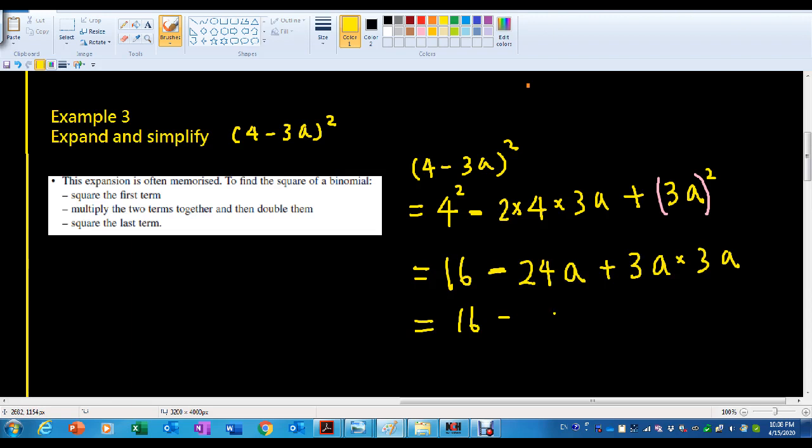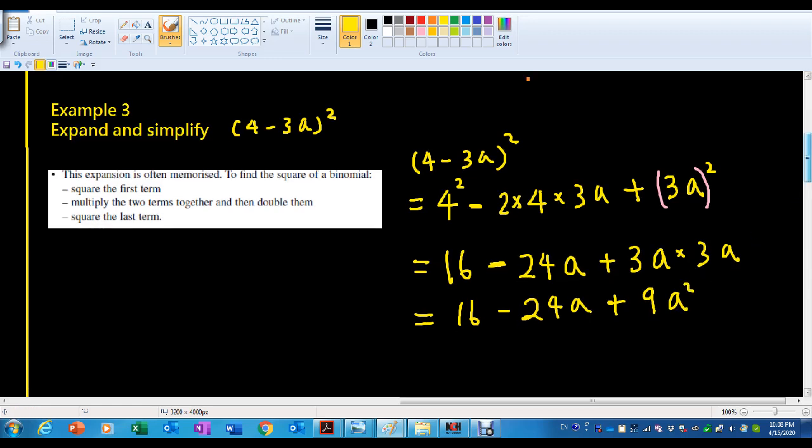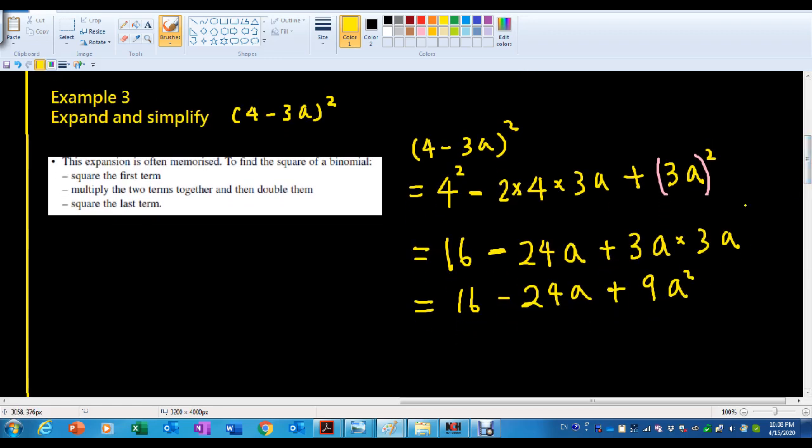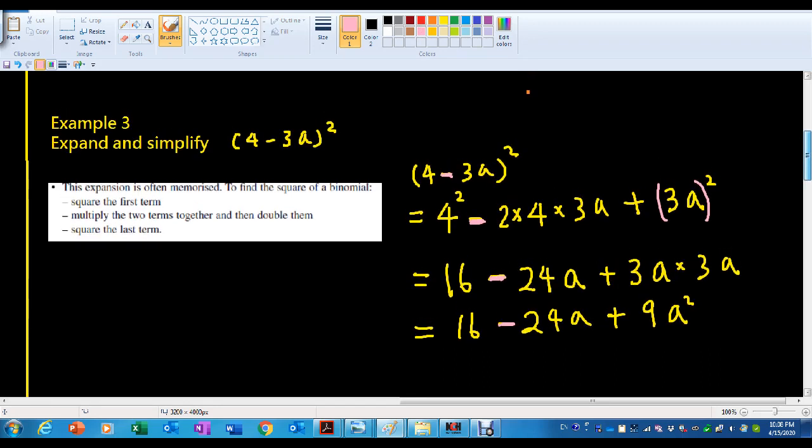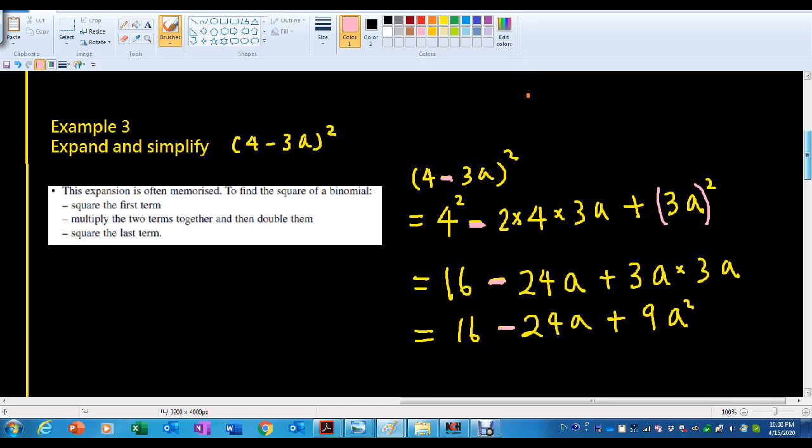Okay, so that means you need to multiply that 3 times 3, that's 9, and a squared. Okay, so basically everything's the same except the sign here. The sign for the middle term becomes negative. Right? Any problem here?